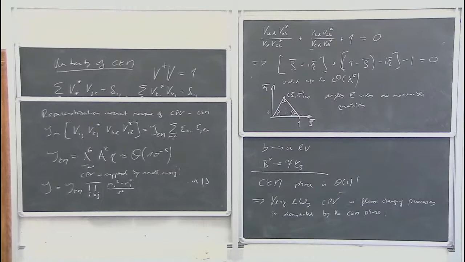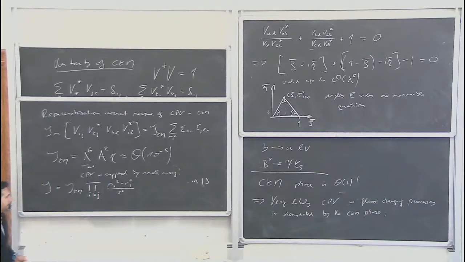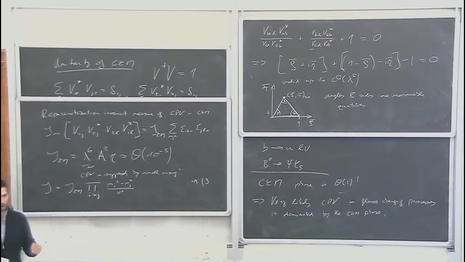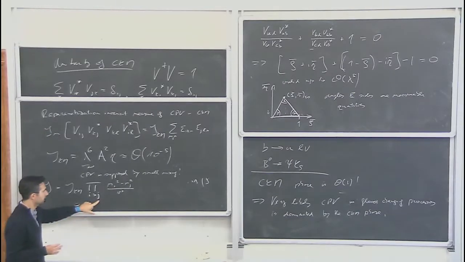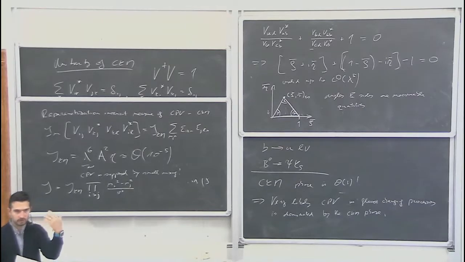So a product of differences of mass squareds of quark masses. And since in this product all the mass square differences enter, this will be suppressed by the smallest masses in the system.